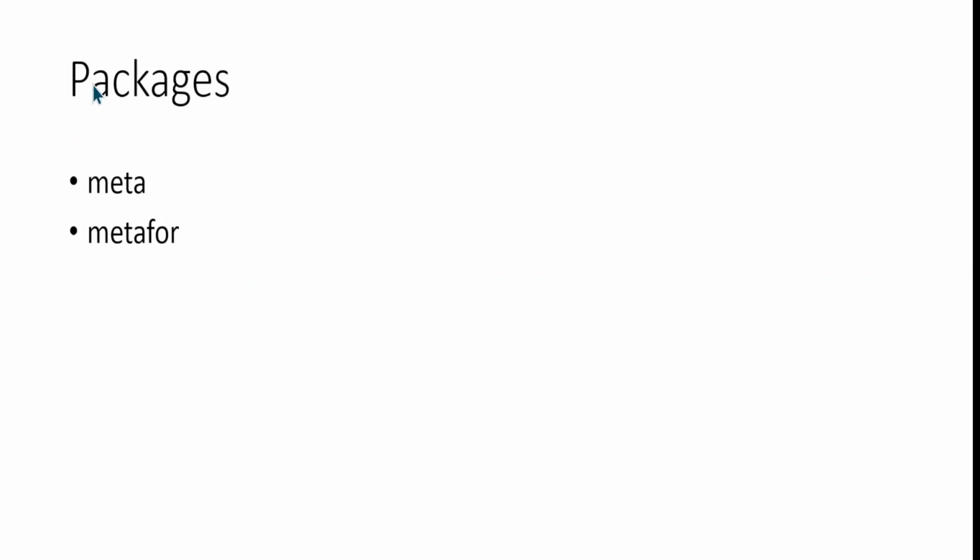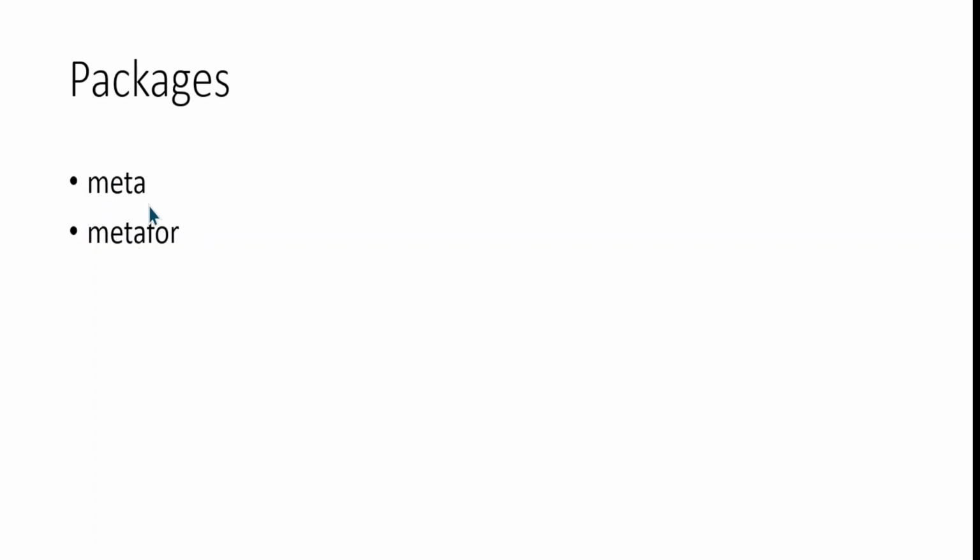Then there are many packages, probably more than 50 or so. There is actually a paper on the review of meta-analysis packages in R. You may find it on the internet, and you can check it out. But these are some of the most popular R packages that you may come across.